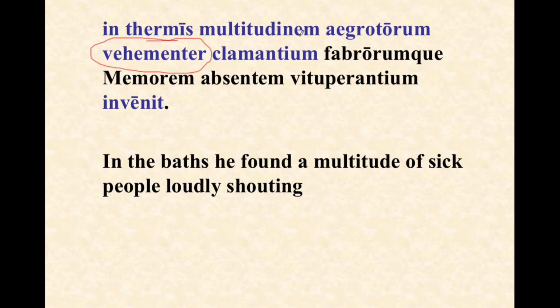Okay, now, this sentence isn't over yet, okay? He found a multitude of sick people loudly shouting. There's more in the multitude than just sick people, okay? Here's another genitive plural, fabrorum, and we have this que, which is going to mean and, okay? So he found a multitude of sick people loudly shouting and understood a multitude fabrorum, of craftsmen.